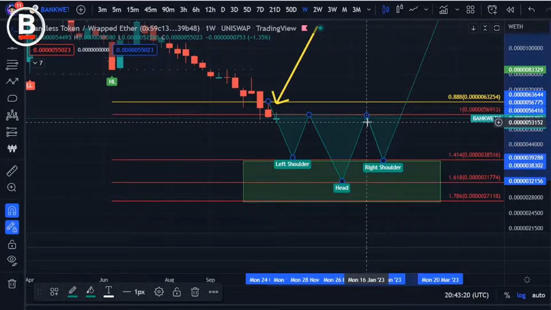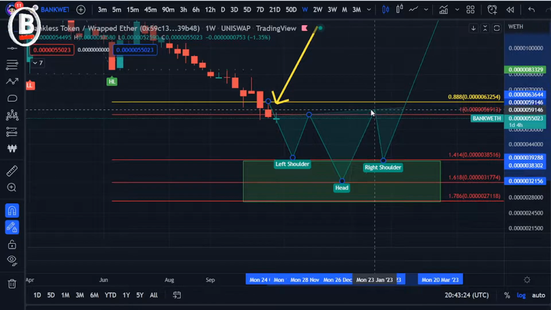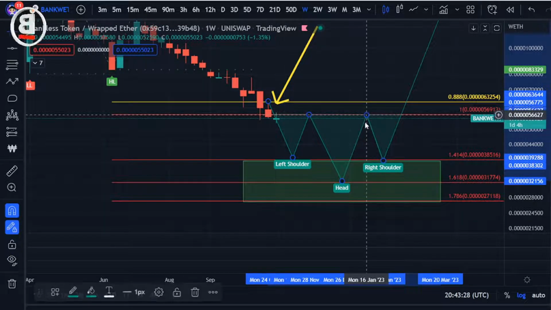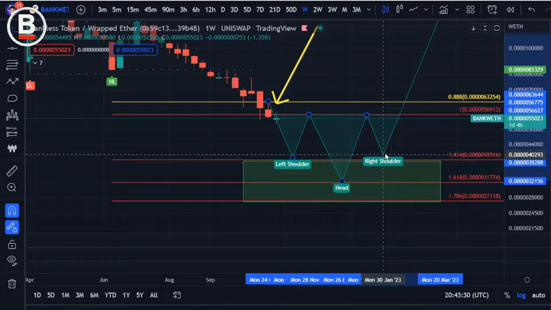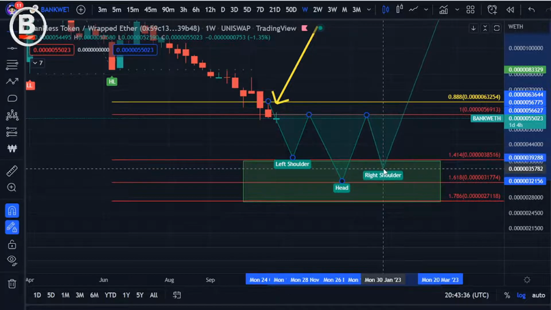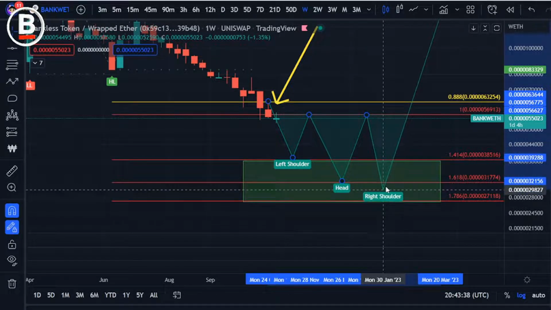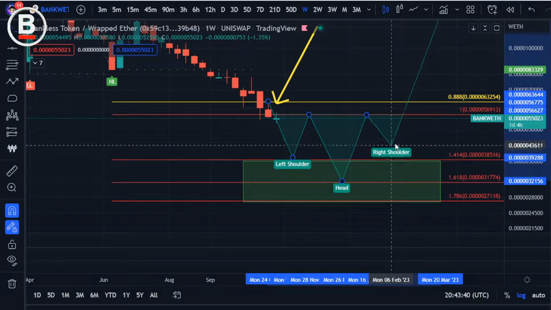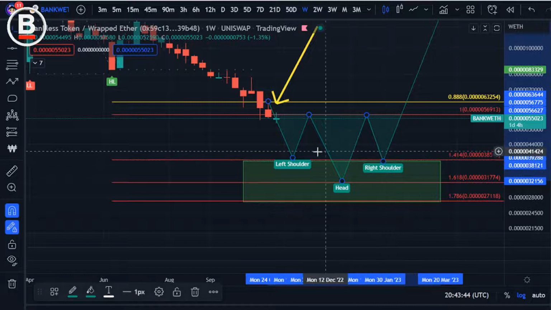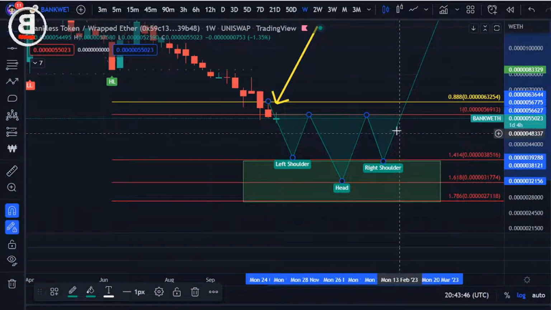And then we fail to again create much of a new high, come back down. Hopefully, our right shoulder is higher than our left shoulder, but it just can't break the head. So it could quite easily come back to test this level of support here.